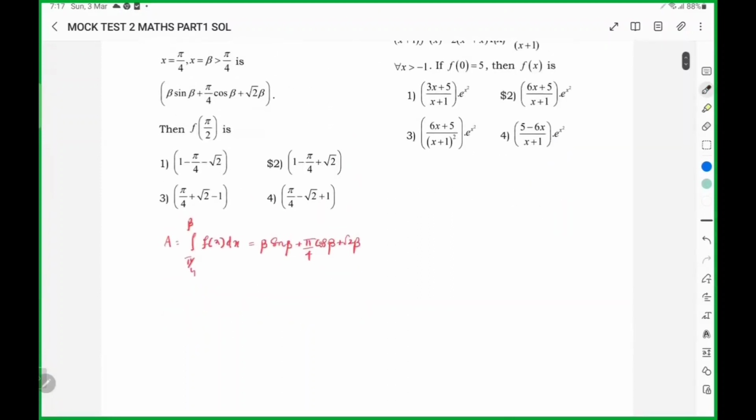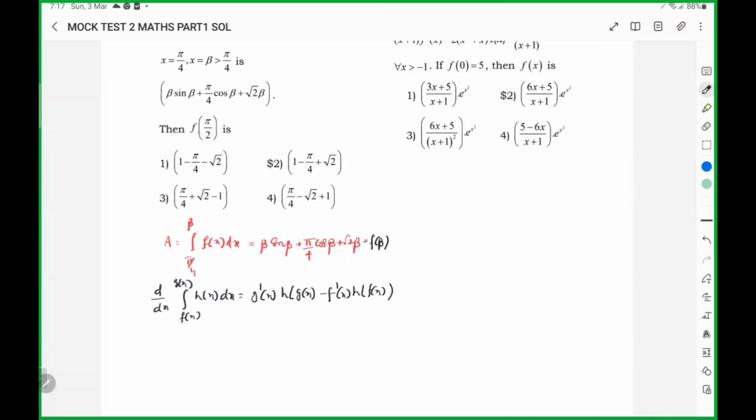So here it is a function of beta. I am differentiating with respect to beta. The derivative of the integral of f(x) from g of x to h of x dx is g dash x into h of g of x minus f dash x into h of f of x.